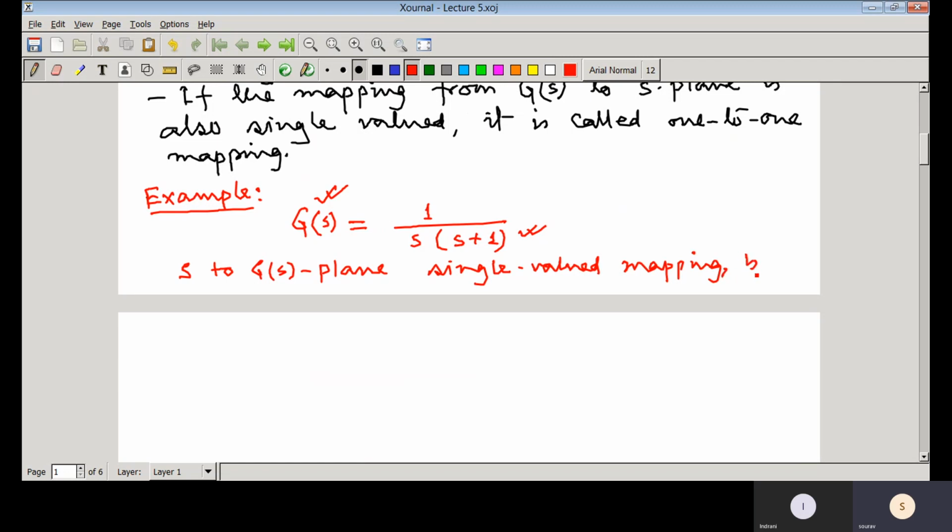But the reverse one, if you take a value of G(s), you need to find the corresponding value of S so that you will get this G(s). That means the reverse mapping is not single valued.